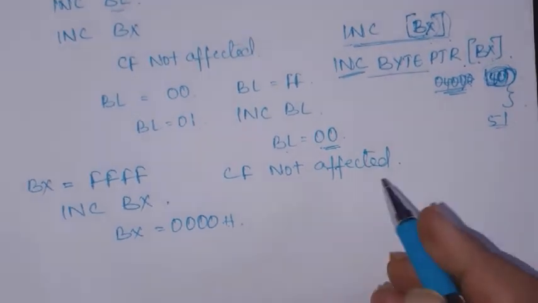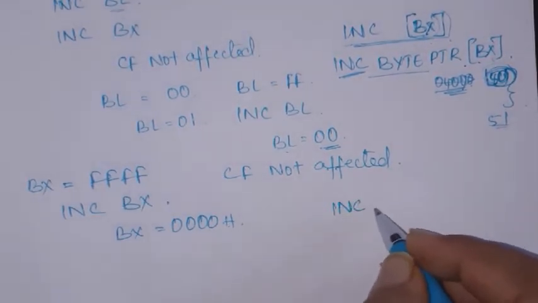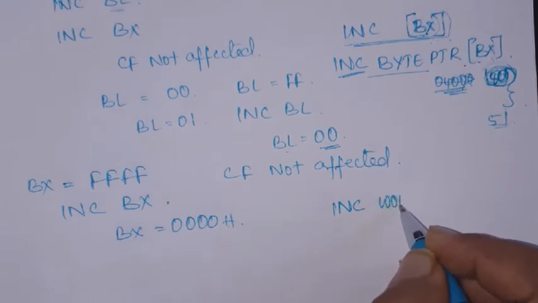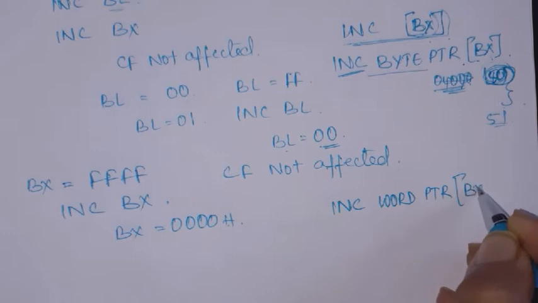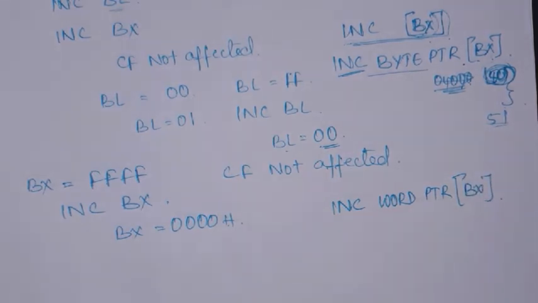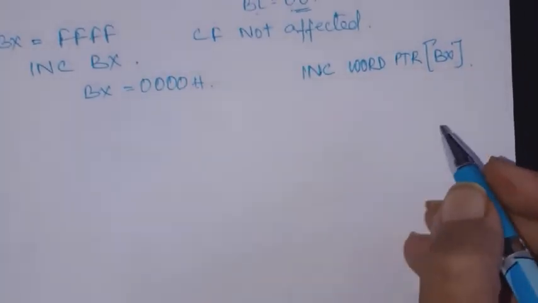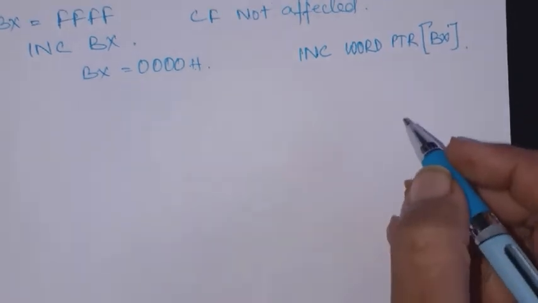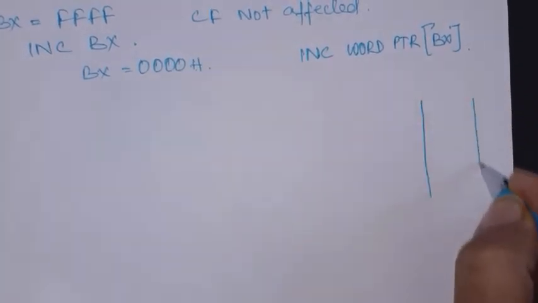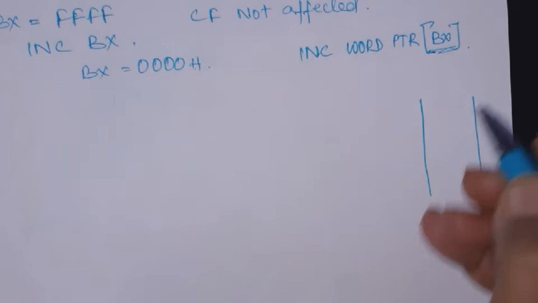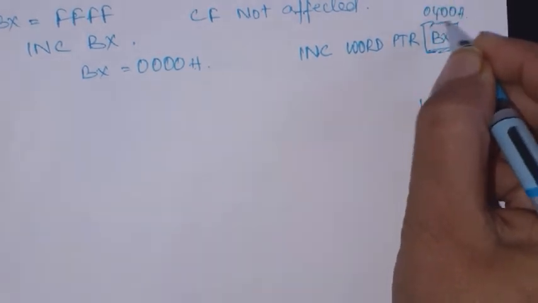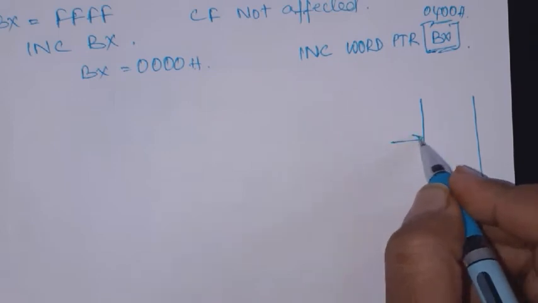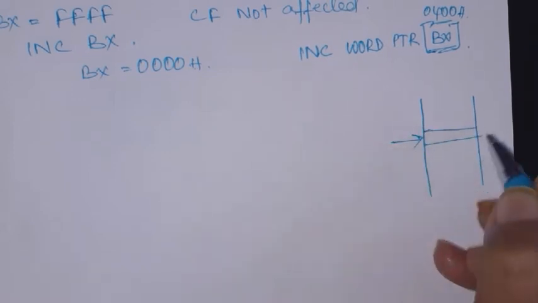If it is a word pointer, I say increment word pointer BX. Let us suppose BX is holding some address 0400. This is the offset address. It is pointing to 0400.